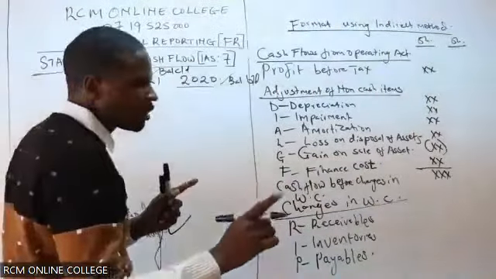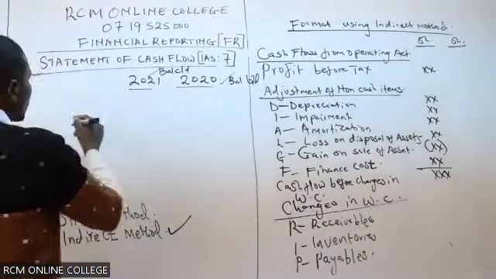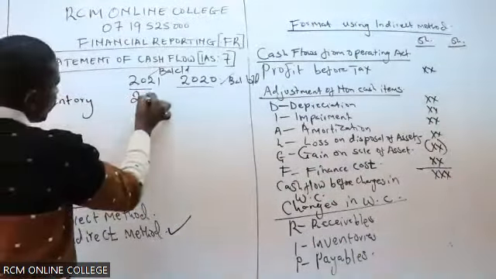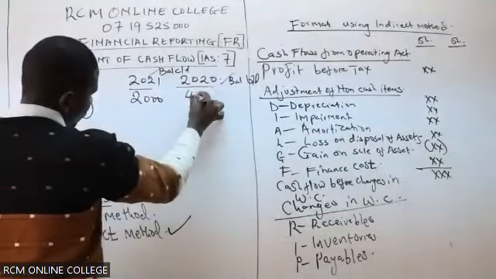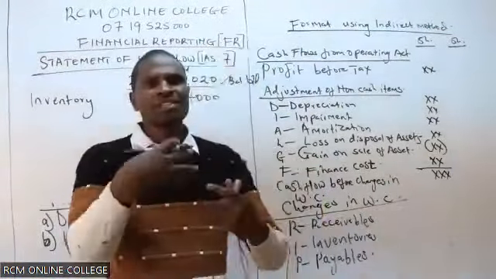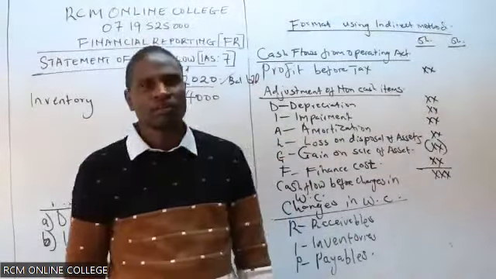Note that: balances brought down, balances carried down. If I have inventory here, 2,000 here and 4,000 there, I want a good student to tell me what happened to inventory. Did these people purchase or did they sell the inventory?